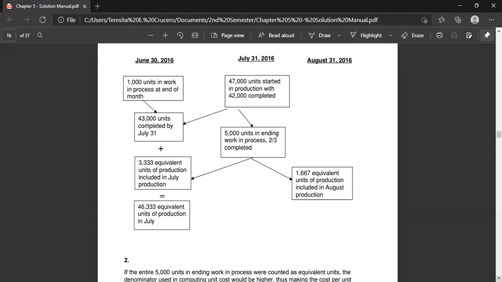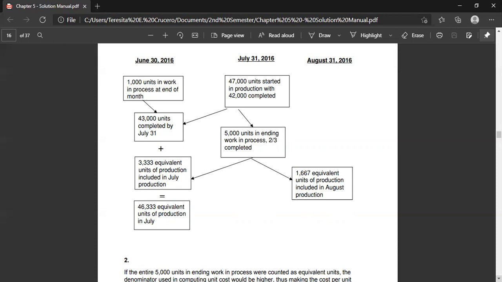So we now get the work in process of 1,000. Then we have now 5,000 units in ending inventory, two-thirds completed. So we have 1,000 units. We add 47,000. We get a total of 48,000 units. And then we deduct completed.